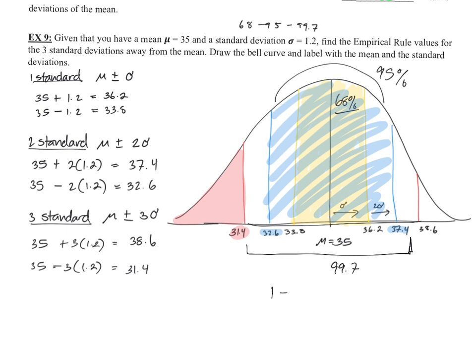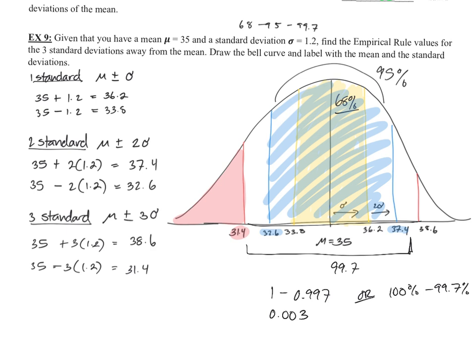So it's supposed to be 1 minus 0.997. Or you could have looked at it, if we're looking at 100%, it's 100 minus 99.7%. So 1 minus 0.997 is going to be 0.003.